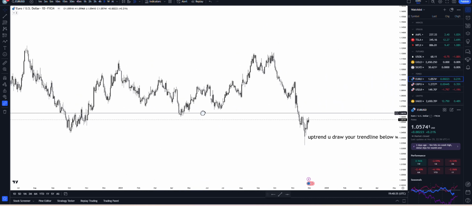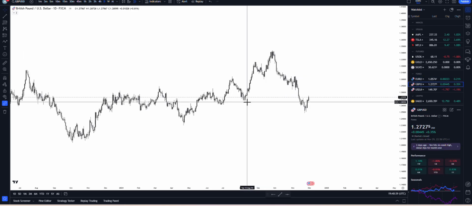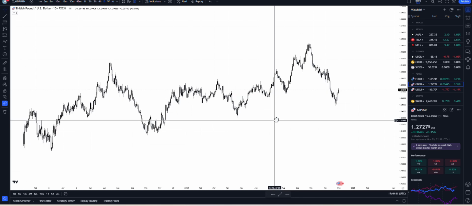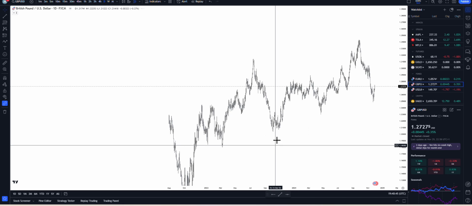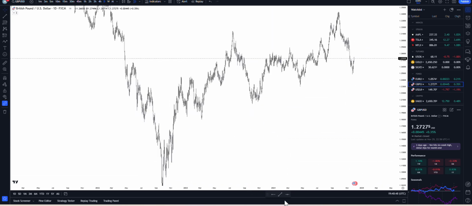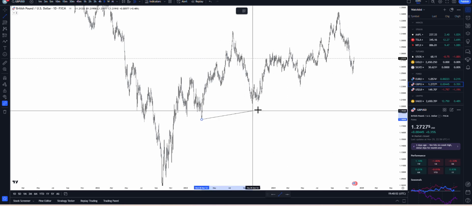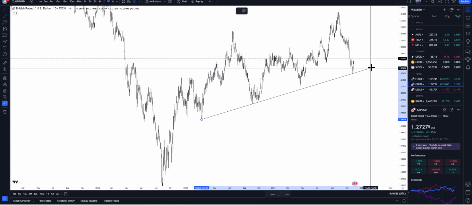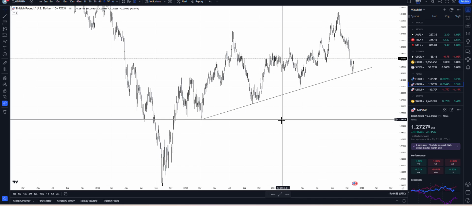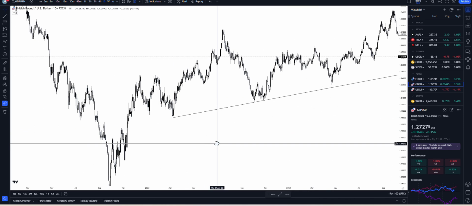All right. Let's go to JPY USD. Okay, so looking at this, I'm drawing my trend line from where it all started. It started from here. This is the best point I'm seeing here. Connect the second guy. Boom. So this is where it started from here.